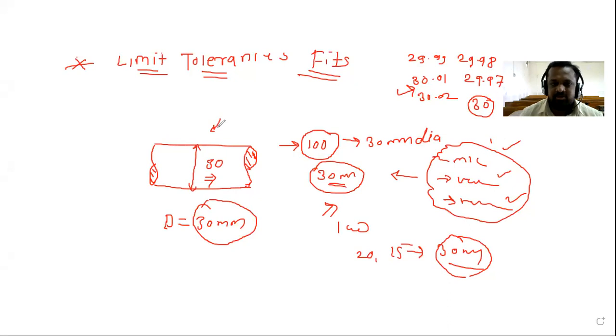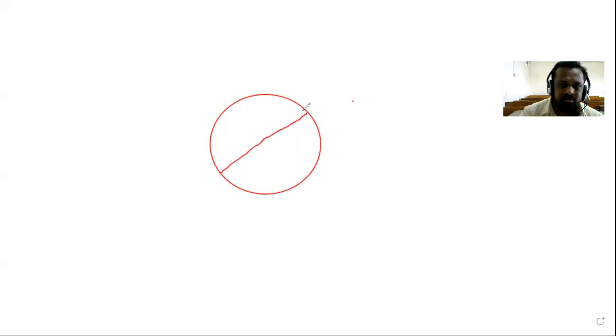Let me take another example. Suppose we have to produce one hole like this, and the diameter of that hole will be 20.